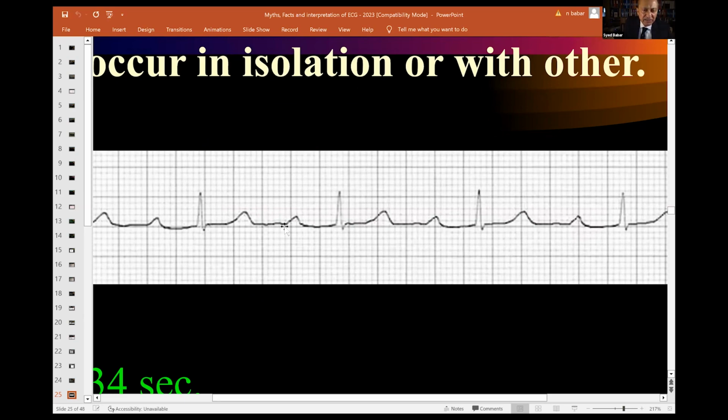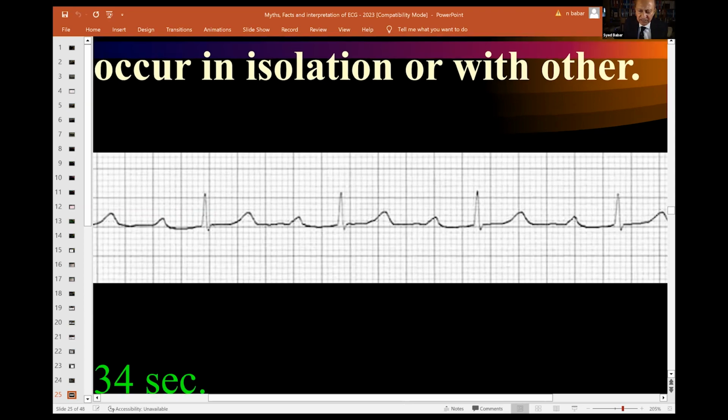So counting this, this is around 0.32 to 0.34 seconds, which is more than 0.20. So this is a first degree heart block. So all of the P waves are followed by one QRS narrow complex, but there is a delay in the conduction. So this is basically the first degree heart block.